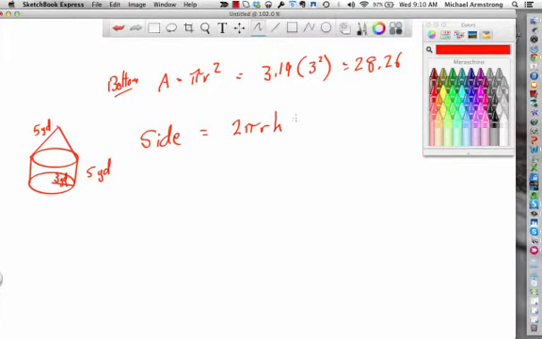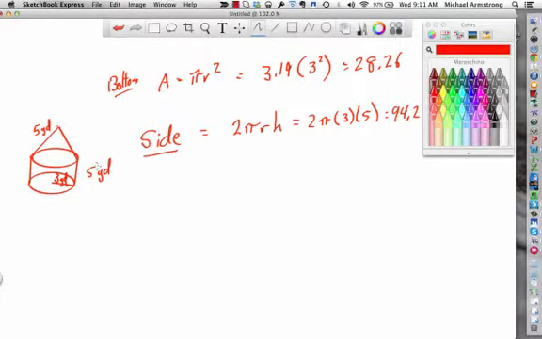R is 3, so it's 2 times pi times 3 times 5. 3 times 5 is 15, times 2 is 30, so it's 30 times 3.14, which is 94.2 yards squared.